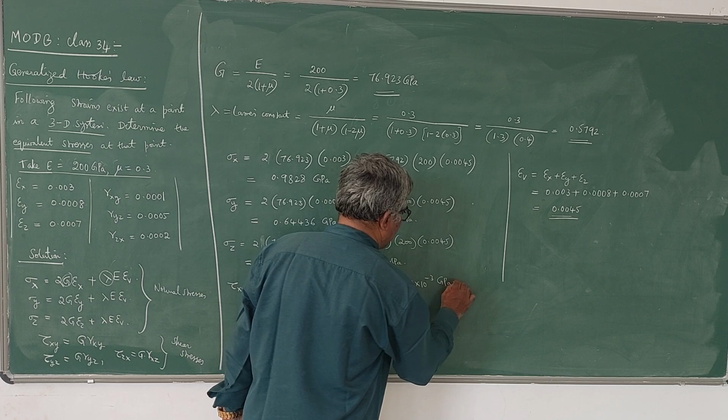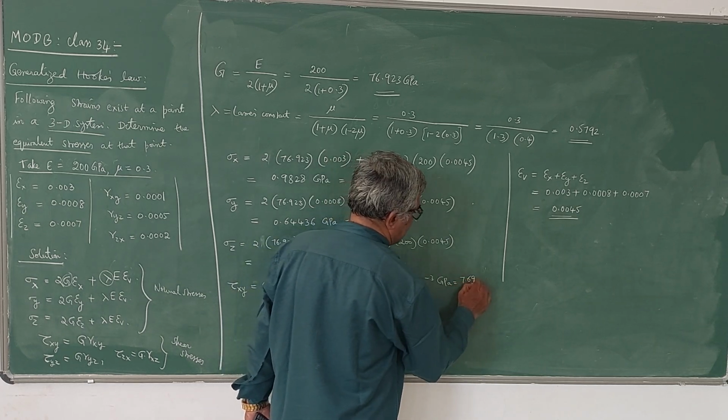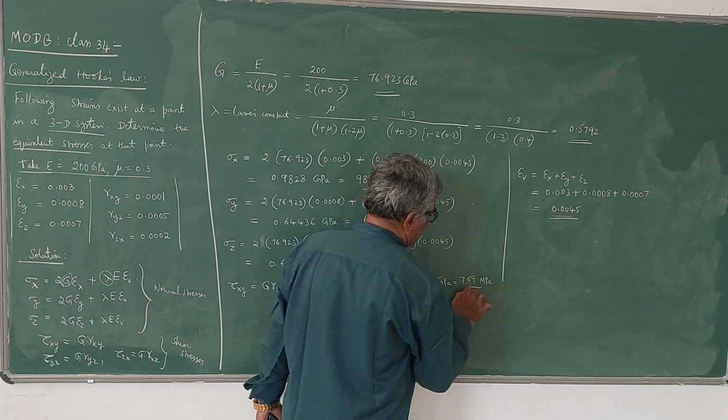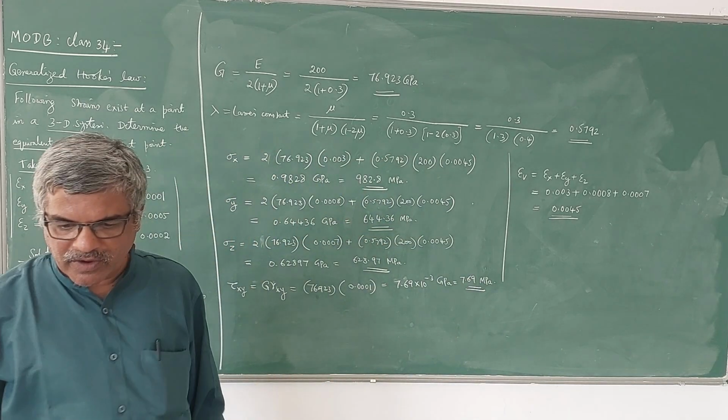If you convert into MPa, multiplying by 1000, that means 7.69 MPa. This is the value of tau xy.